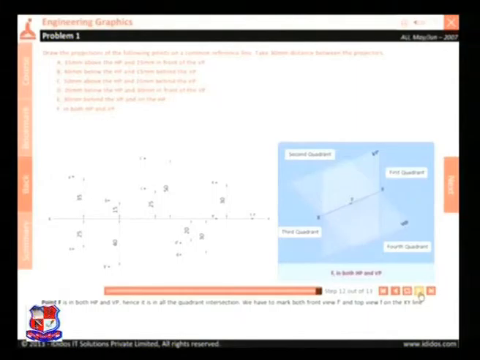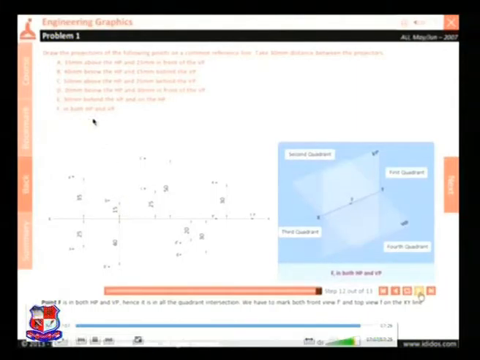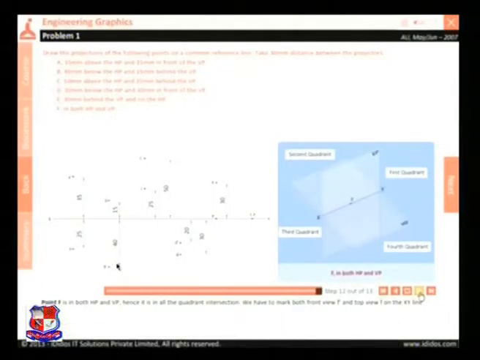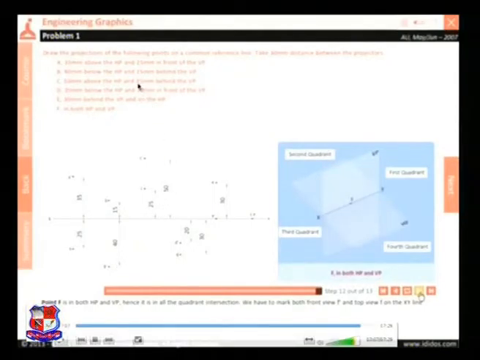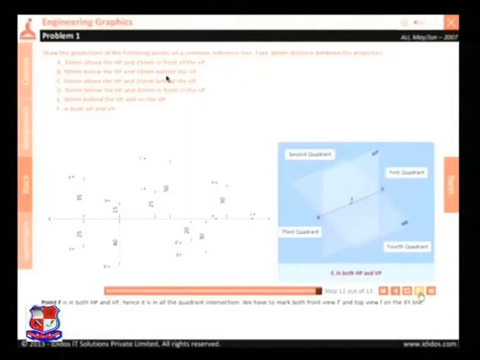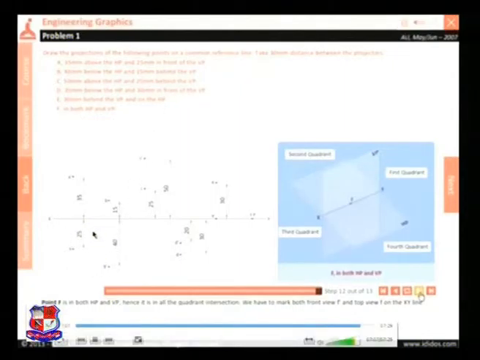Very simple logic for projections of point. If it says above HP, above XY line; below HP says below XY line. If it says in front of VP, it is below XY line. If it says behind VP, it comes above XY line.